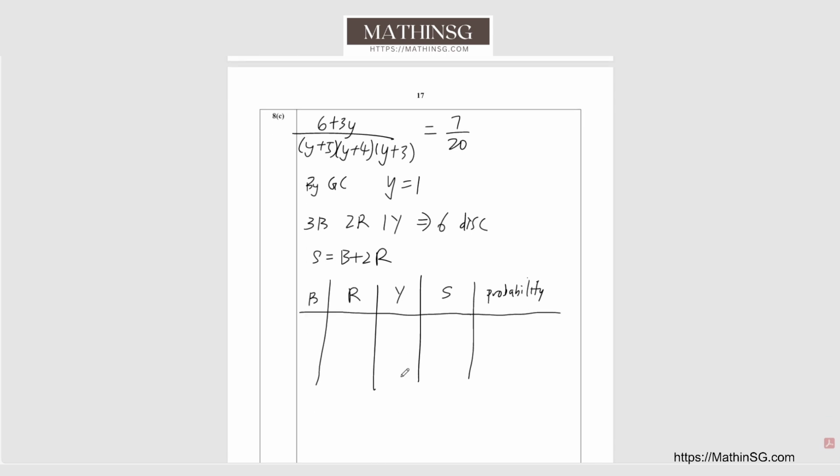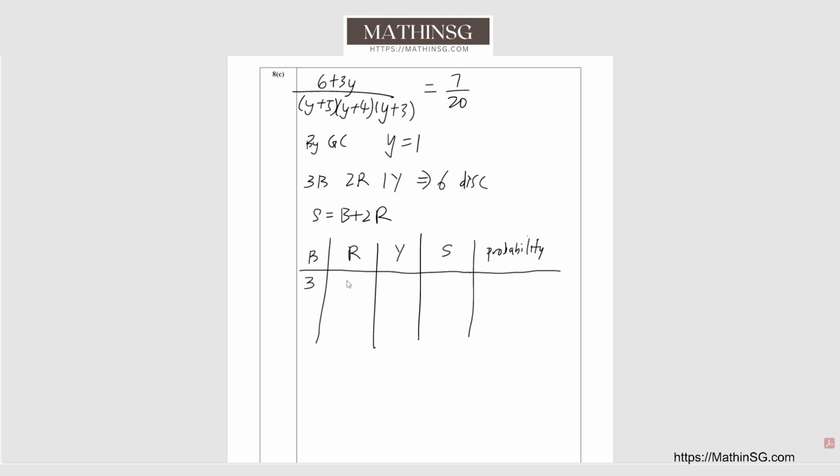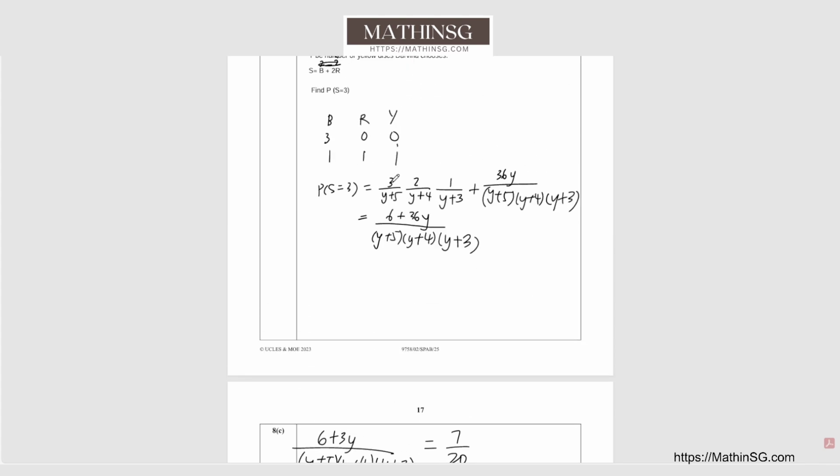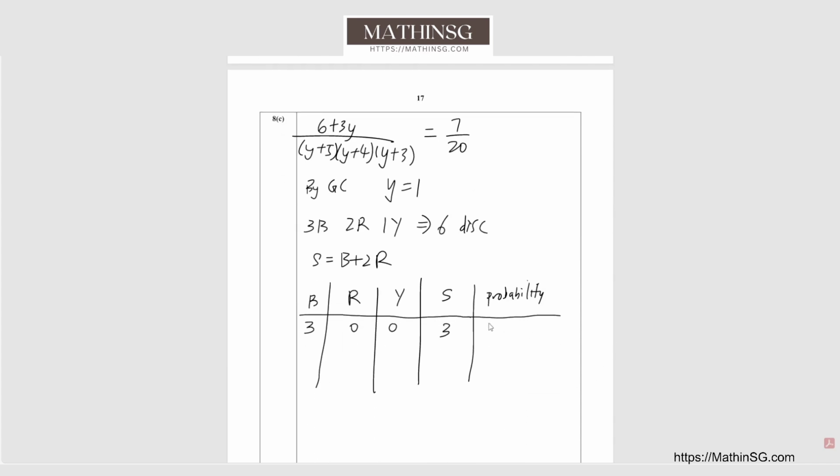What I'll usually do is start off with 3 blue. If I have 3 blue, I will have no red and no yellow, so S is 3. The probability is 3 over 6 times 2 over 5 times 1 over 4, because there are 3 blue, so after the first is taken, you have 2 more, then 1 left.